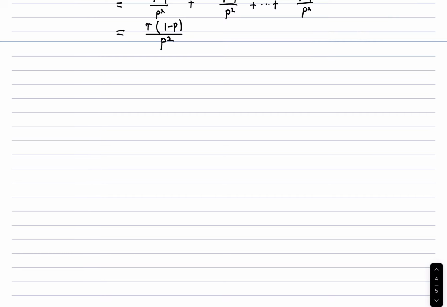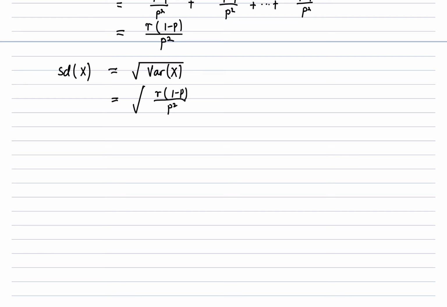And of course, for completion, we can derive an expression for the standard deviation, which is the square root of the variance of x. Plugging that in, we've got the square root of r times 1 minus p on p squared. Or if you really want, we can take the square root through the fraction, and you get the square root of r times 1 minus p, all over simply p.